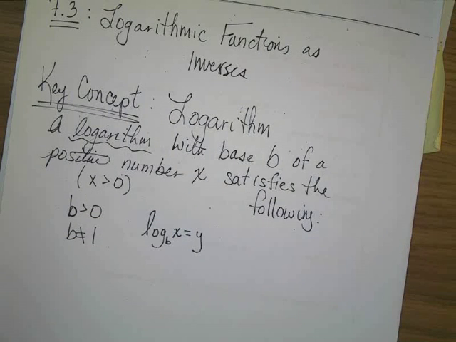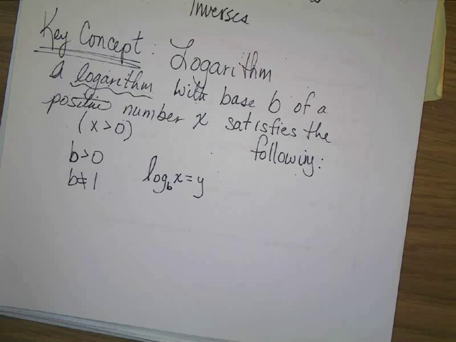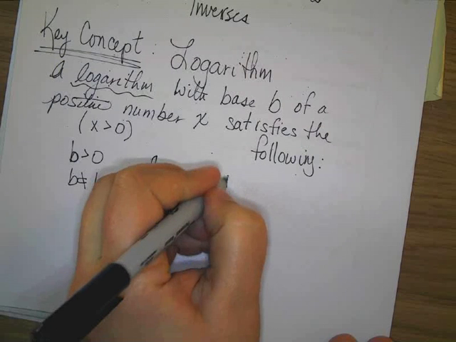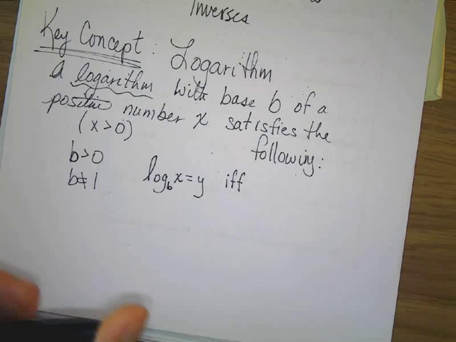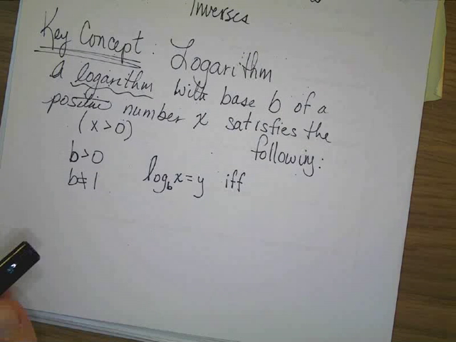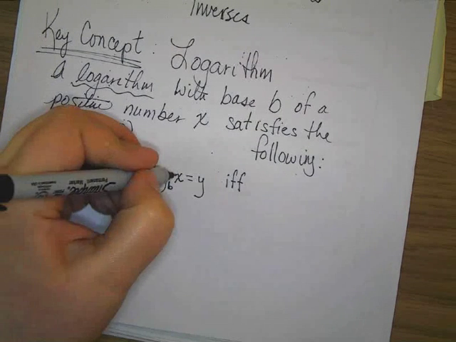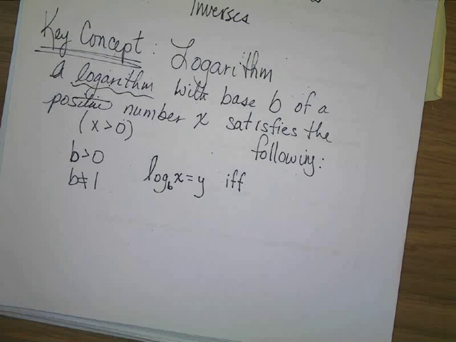Now what that looks like. And the nice thing about logarithms is we can change it to an exponential function. Have you ever seen iff before? I did not misspell if. Don't worry. If and only if. So this means it works both ways.